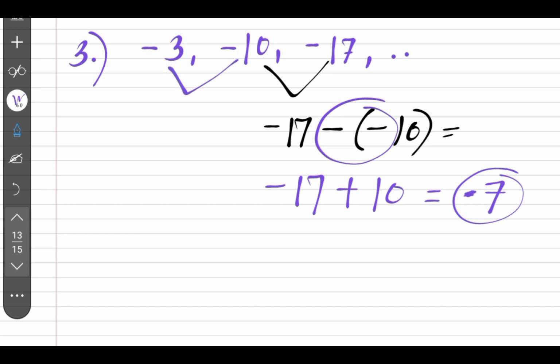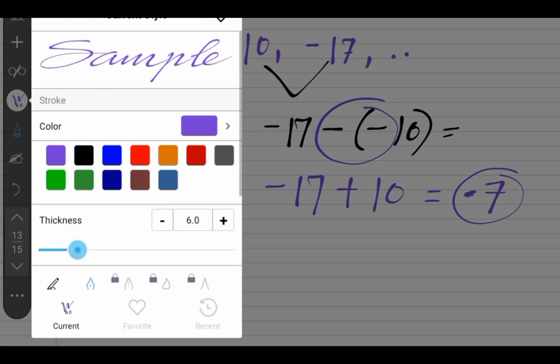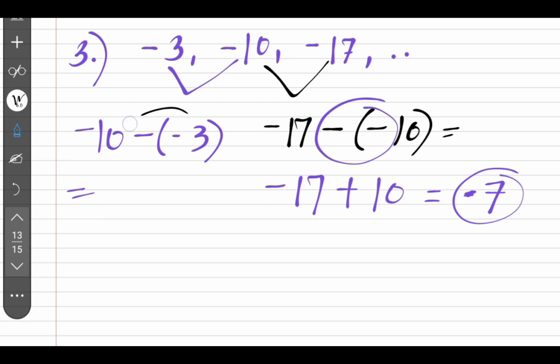And next, negative 10 minus negative 3. So again, we have negative and negative. So this will become negative 10 plus 3. So negative 10 plus 3, different signs. So you will subtract.